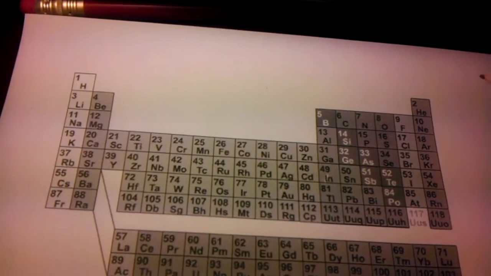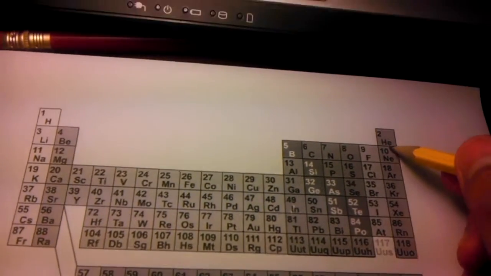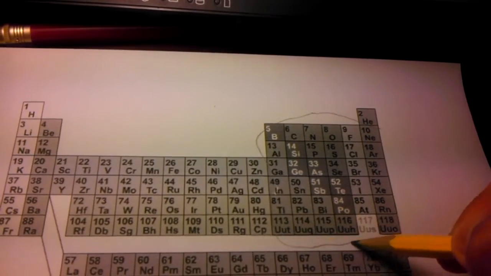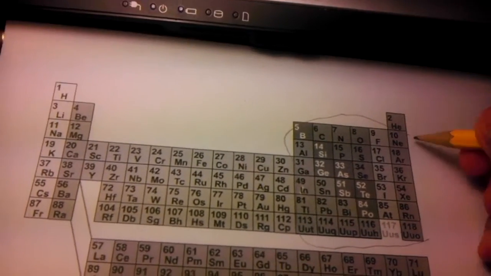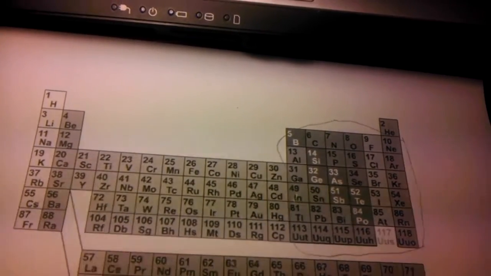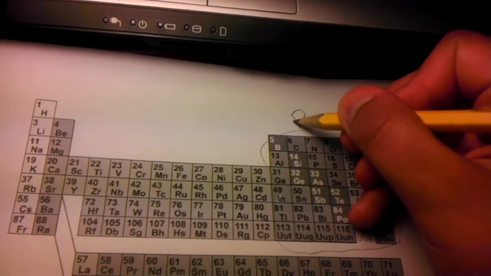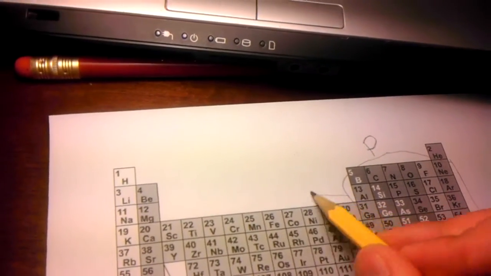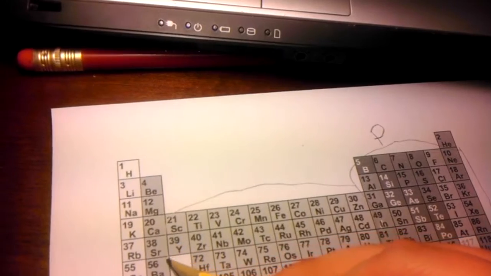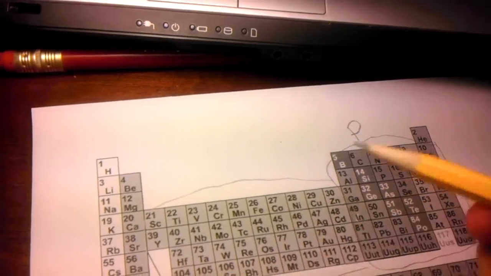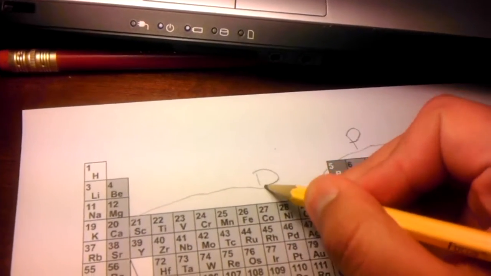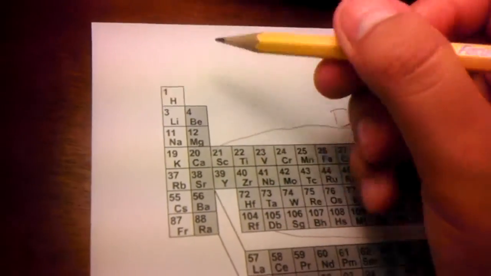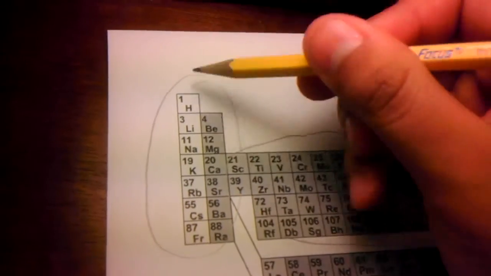First, you have to remember that all of these from there, all of those are going to be P. All of the transition metals are going to be D. All of these ones are going to be S.